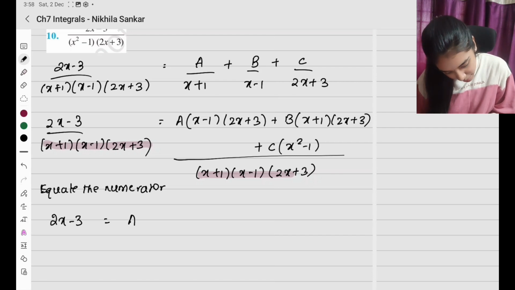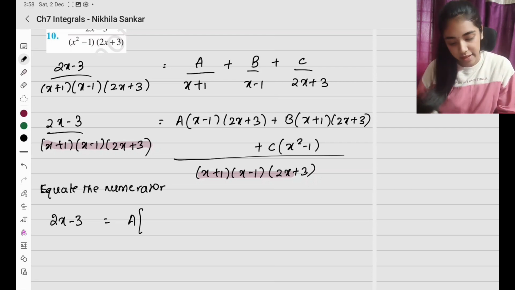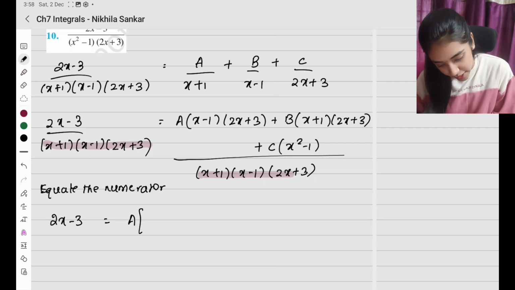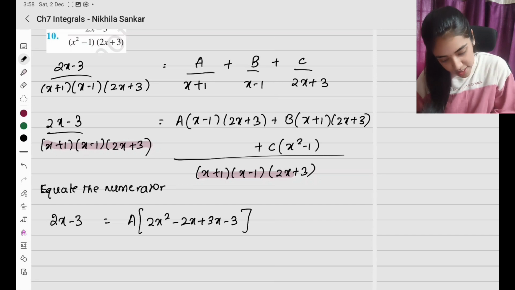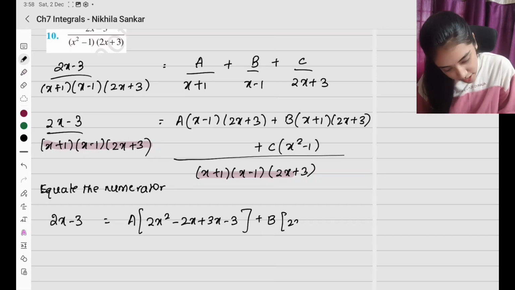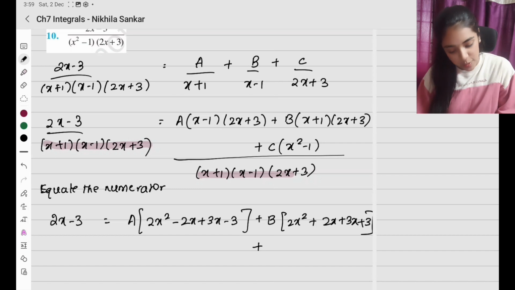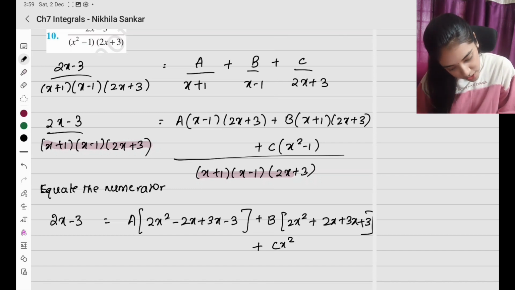So on this side I have 2x minus 3. On the other side, when I multiply, I'll first open the brackets. So I have x minus 1 times 2x plus 3, which is 2x square minus 2x plus 3x minus 3. So this is my first. Second, 2x square plus 2x plus 3x plus 3. Then the third term, plus c times x square minus 1, I multiply that. So I have cx square minus c.